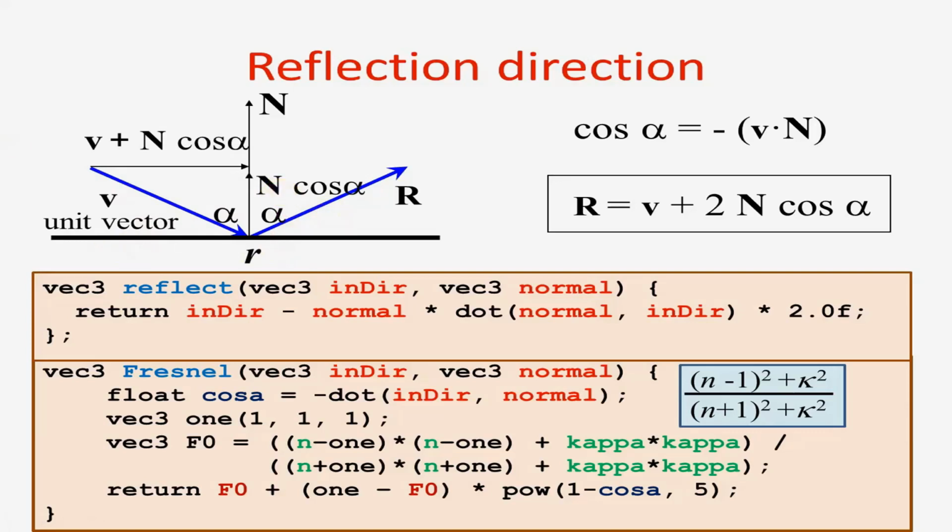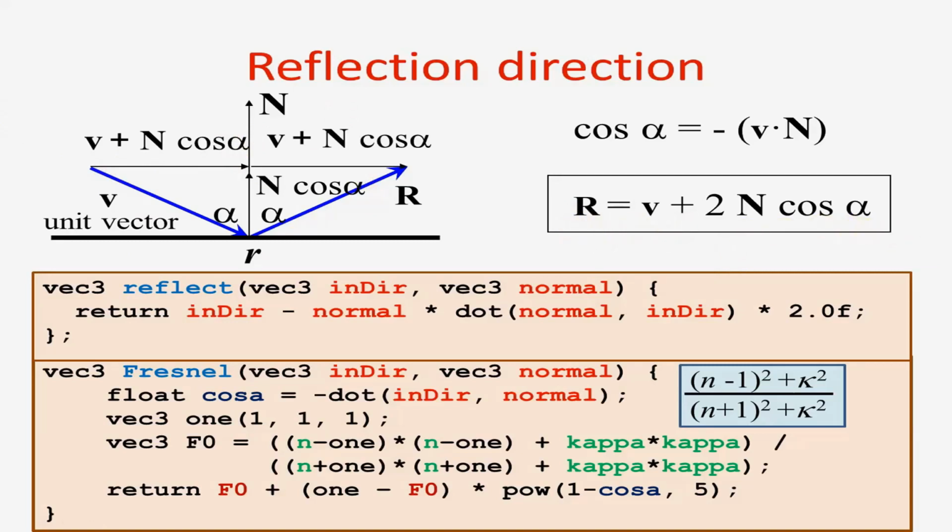The perpendicular component is obtained by requiring the sum of the parallel and perpendicular components to be equal to v. Then the reflection direction r is expressed from these two components. So we can establish this formula for the reflection direction.